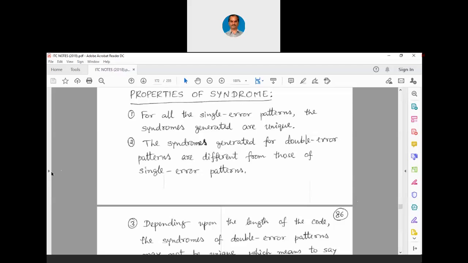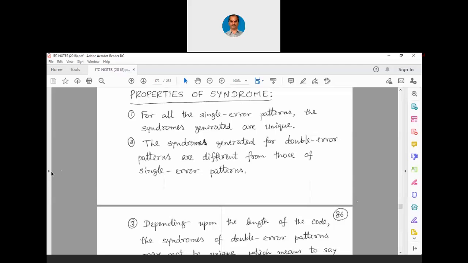But in real life applications, there are these double error corrections, triple error corrections, double error patterns, triple error patterns, they are all there. It is very easy to write a MATLAB code and implement it, or to write a Verilog code and then synthesize and obtain the hardware also. That way it is easier than manually proceeding with such computations.